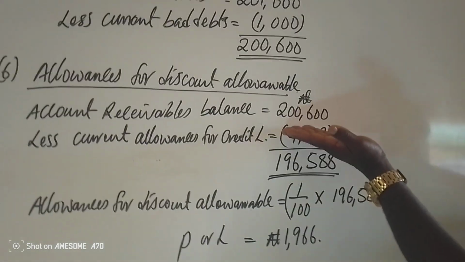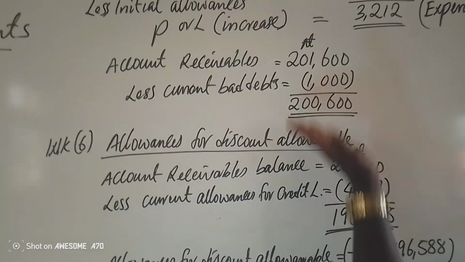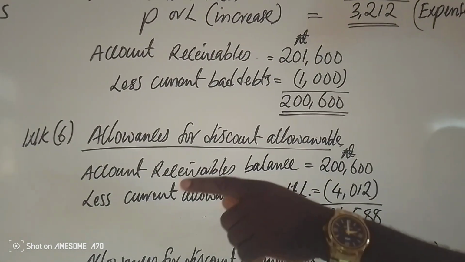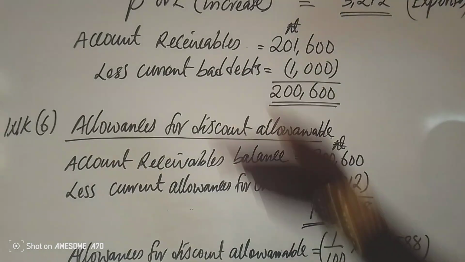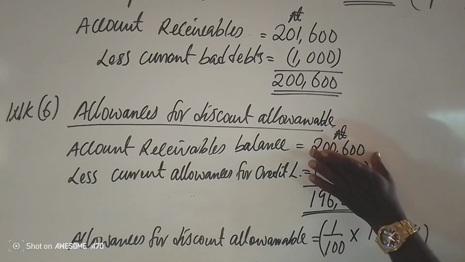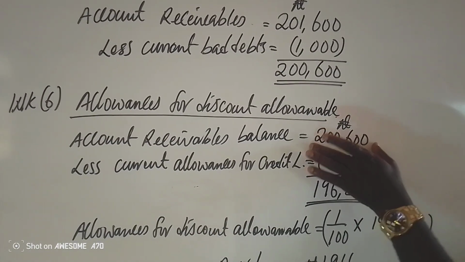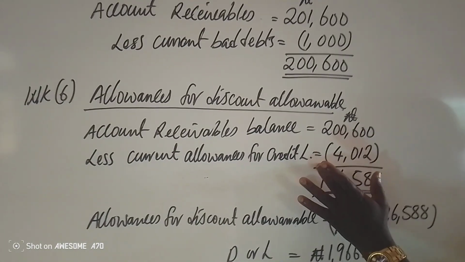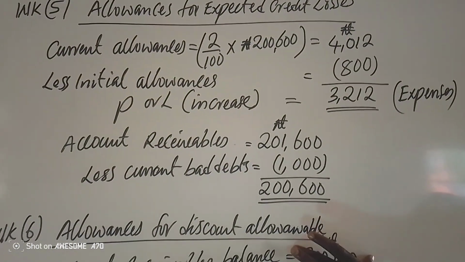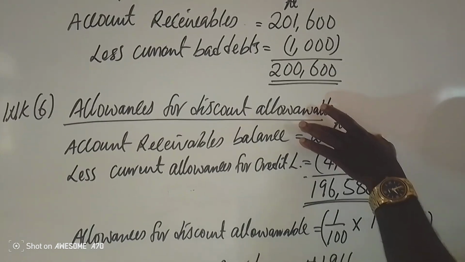That's why you can see we pick the account receivable balance from the debtors account where bad debt was already deducted. 200,600 was remaining, and that's why we start from that point. You pick it here, then deduct the current allowances, which is 4,012 naira, from the balance that remained after taking away bad debt.